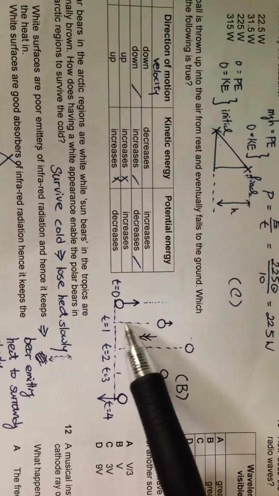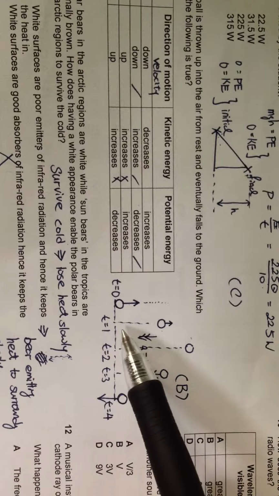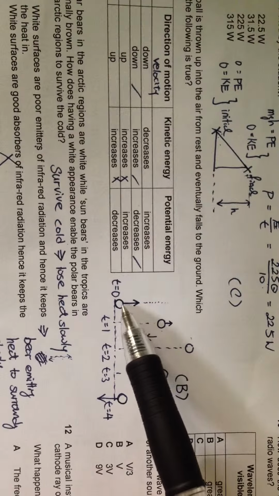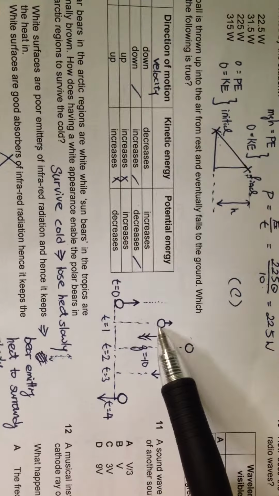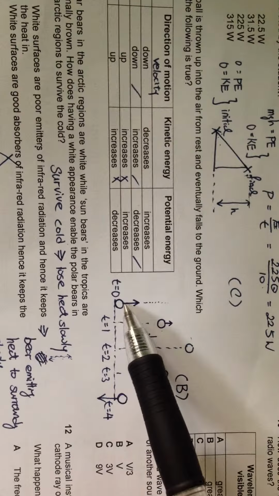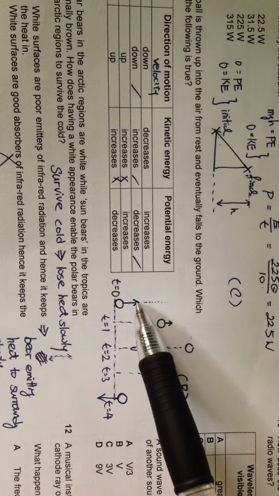But as the ball goes up, because we are doing this on Earth, the gravitational acceleration is always pulling the ball down. So because of that, the velocity must go down. Let's say this is 100 meters per second.